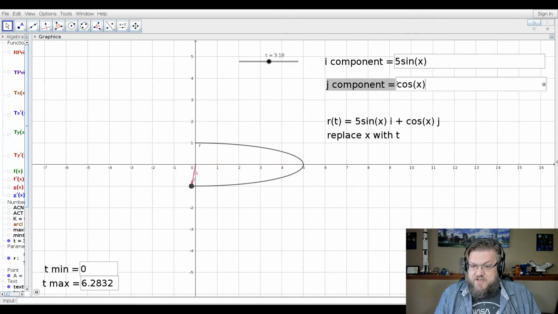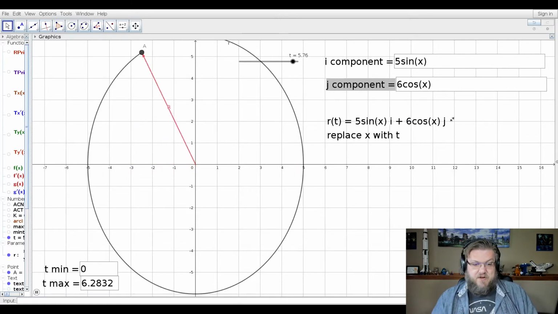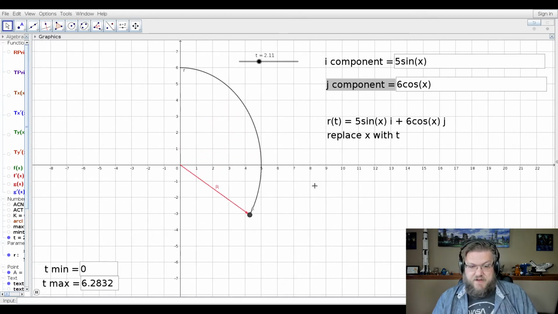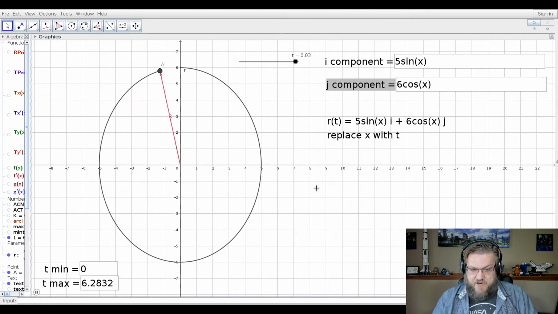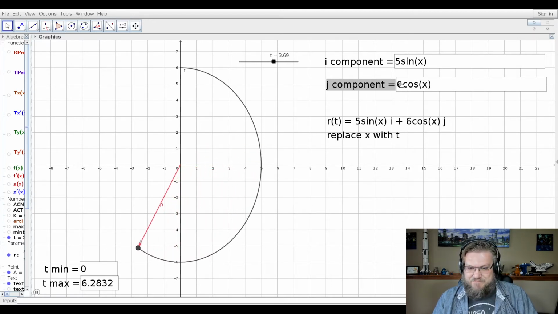So the numbers in front control that, right? So like if I did a 6 there, I'm going to get a not as eccentric ellipse, right? I wouldn't say almost circular, but this is more circular than the other one, right? And so this eccentricity is a little bit less eccentric, as we would say, yeah?